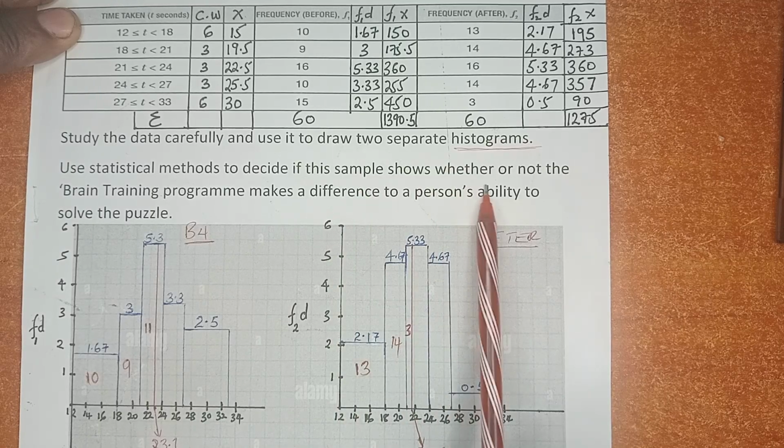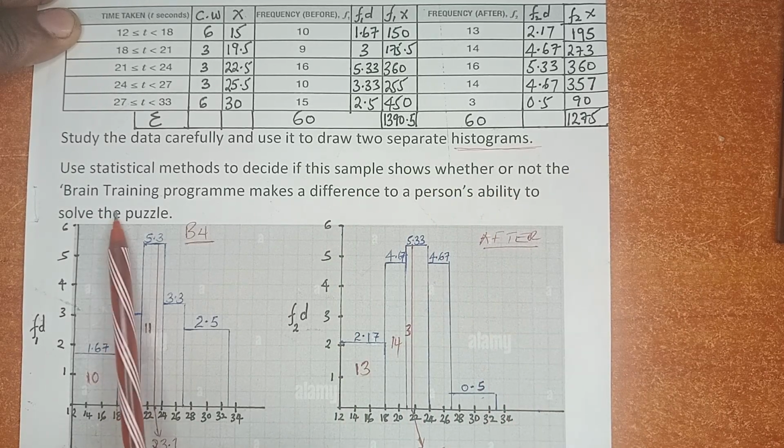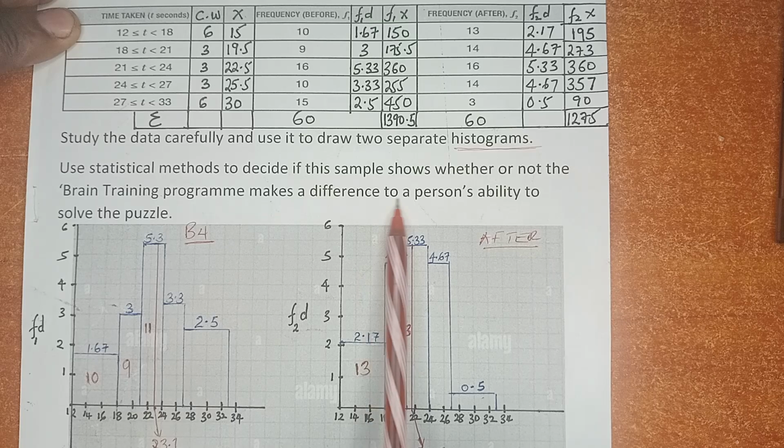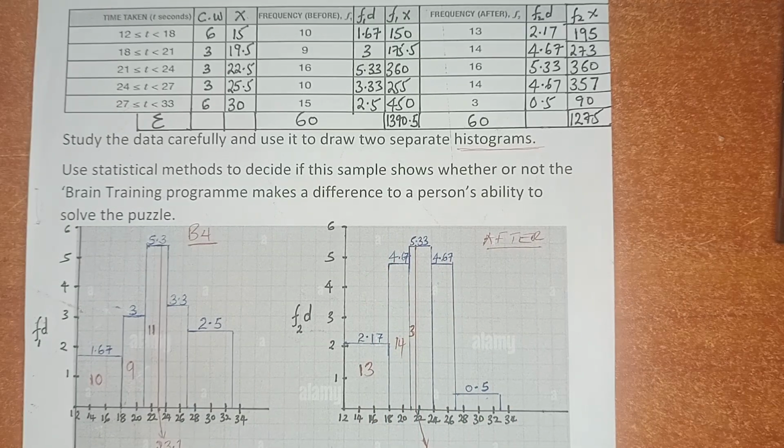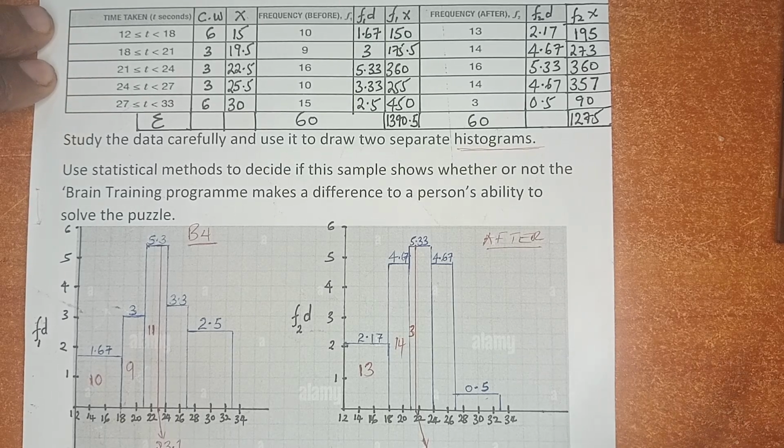if this sample shows whether or not the brain training program makes a difference to a person's ability to solve the puzzle. Now, I would first of all want to use the mean so that we can see the average time taken to solve the puzzle before and after.